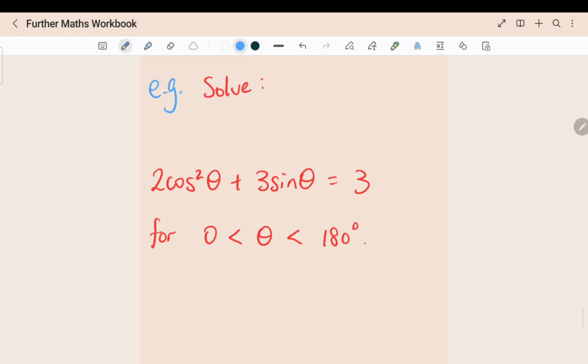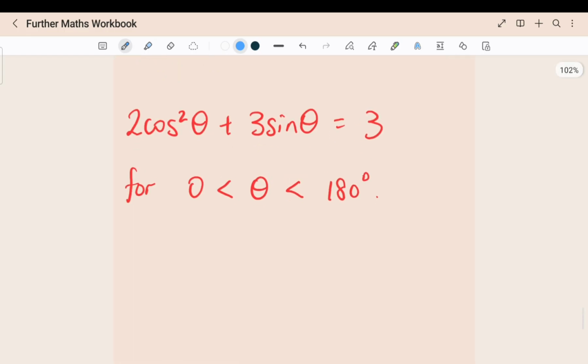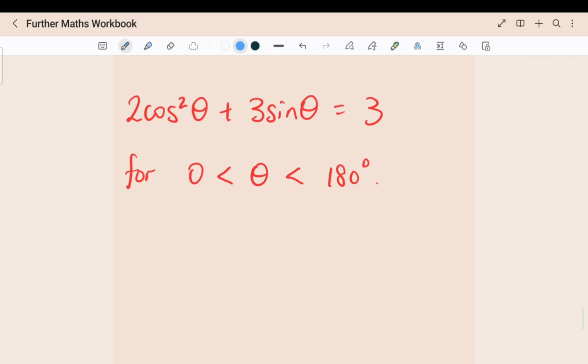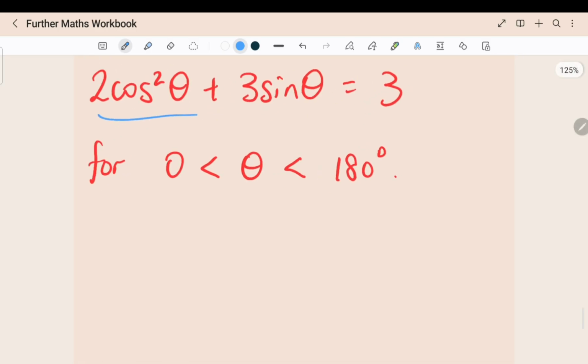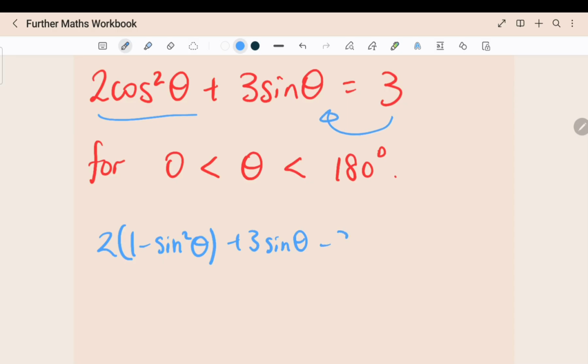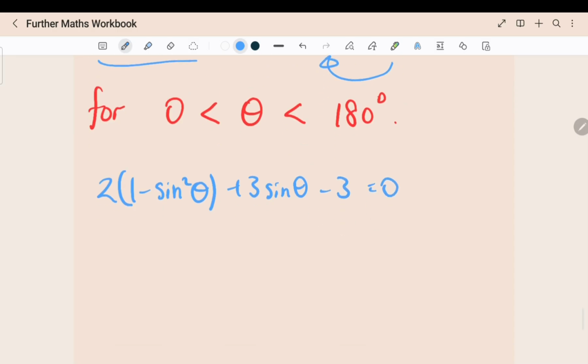Finally, this is at the very, very extreme end of the curriculum, because it's technically not in the spec, but it showed up on the specimen paper for the math, so I kind of need to include this. So the idea is that, first of all, we need to replace cos squared with 1 minus sine squared. So we get that. And then I'm also going to take away 3 so that I can set it equal to 0.